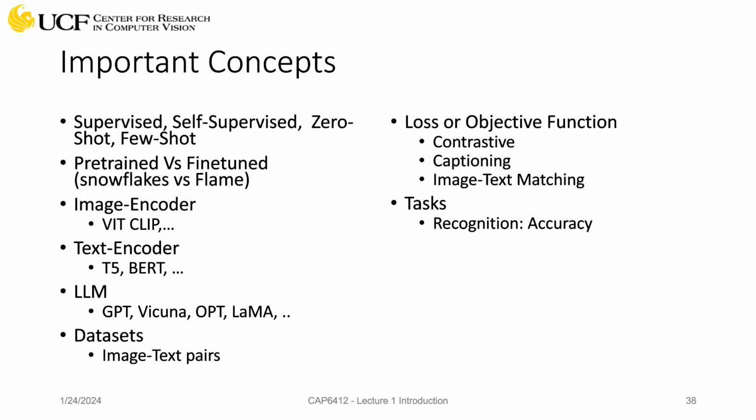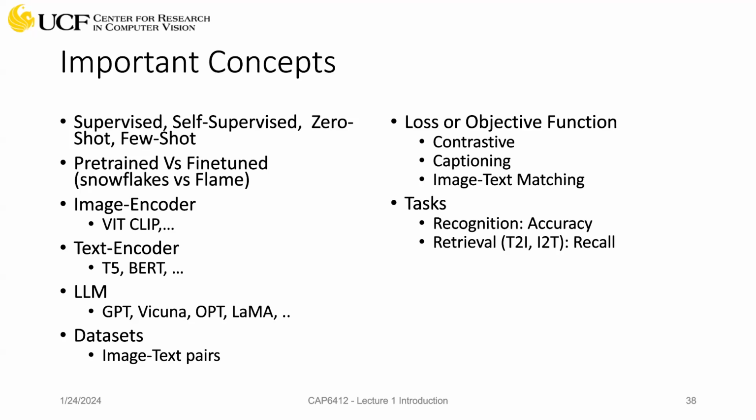So when you want to recognize, like ImageNet, or action recognition, like Kinetics and so on, most of them use accuracy: how many times you can correctly recognize a particular image or particular video. Retrieval is also a very good task in visual language models.